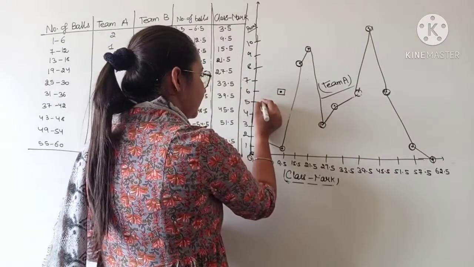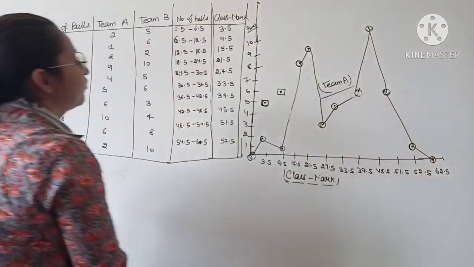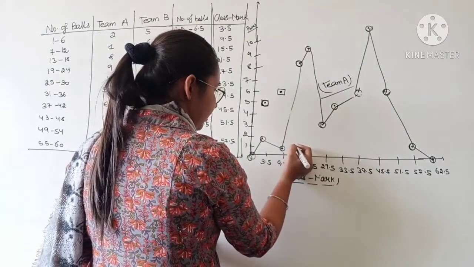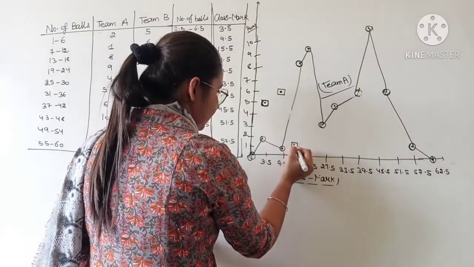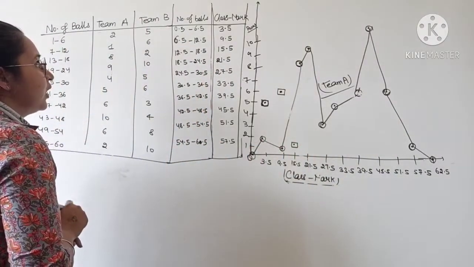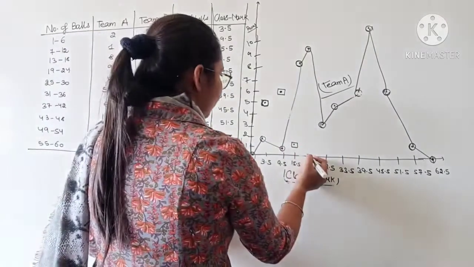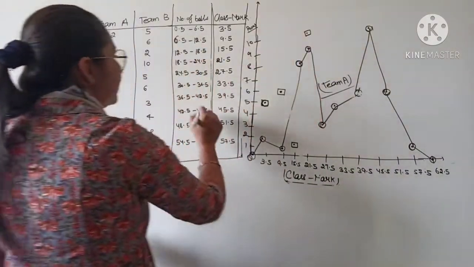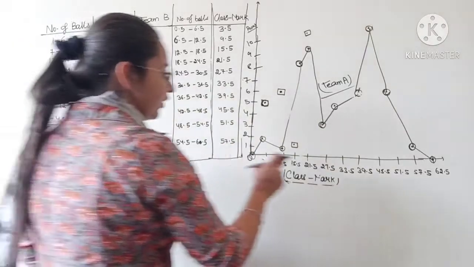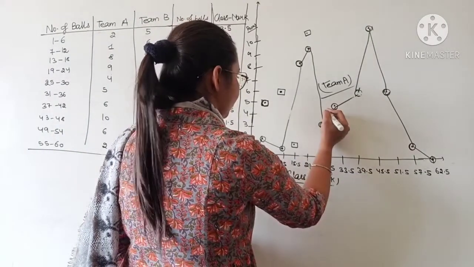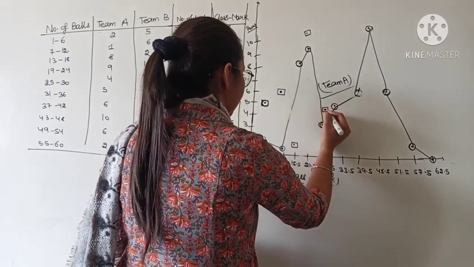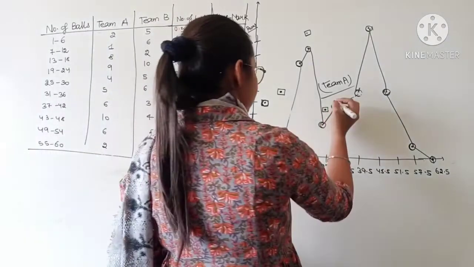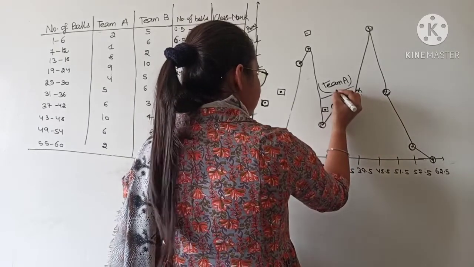I am marking the points in a box. 15.5 comma 2 is here. Then 21.5 comma 10. Then 27.5 and 5 is here. Then 33.5 with 6.